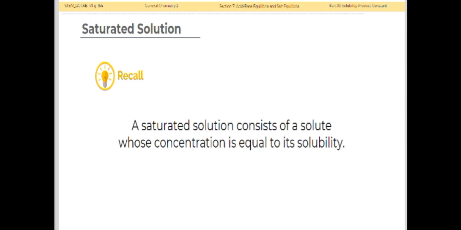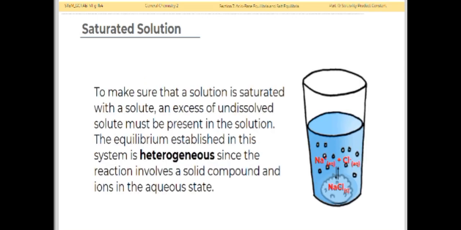Also, we learned that a saturated solution consists of a solute whose concentration is equal to its solubility. To make sure that a solution is saturated with a solute, an excess of undissolved solute must be present in the solution.